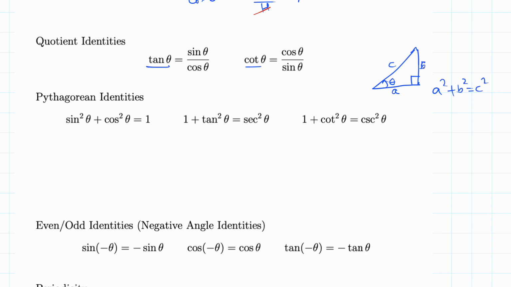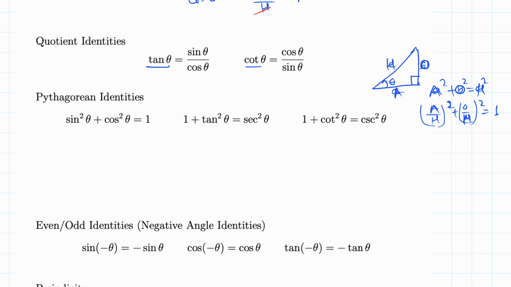If I write adjacent squared plus opposite squared equals hypotenuse squared, and divide by h square on both sides, this will be a over h squared, o over h squared, and h square over h square is 1. And now we have trig functions for these ratios.